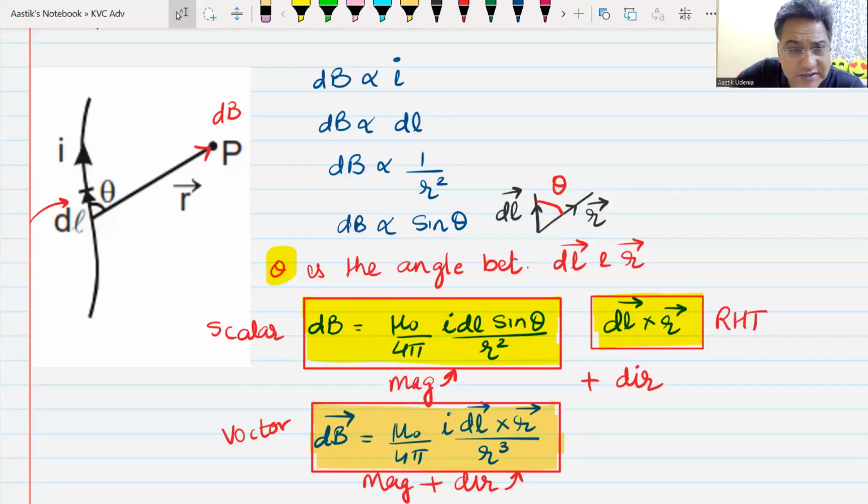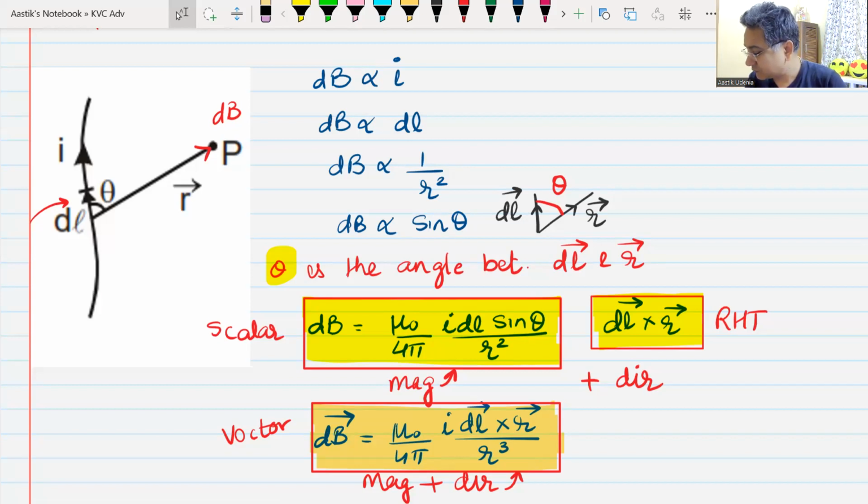Whether you call it by any name, that does not change its significance. Right hand thumb rule. What does the right hand thumb rule state? If you want to find out the direction of cross product of two vectors, you use your right hand thumb rule.